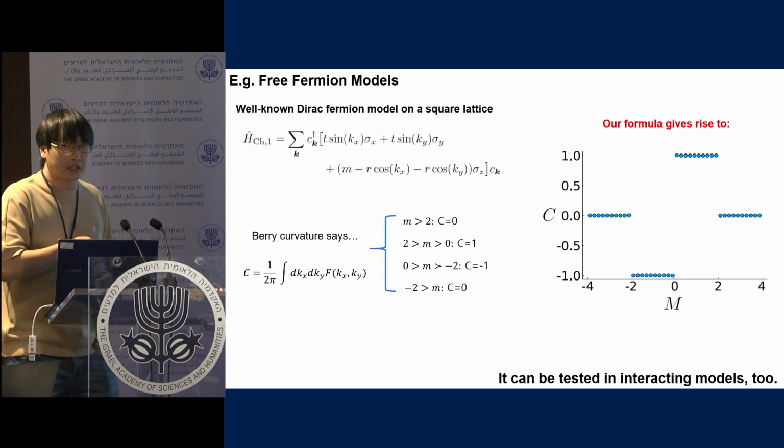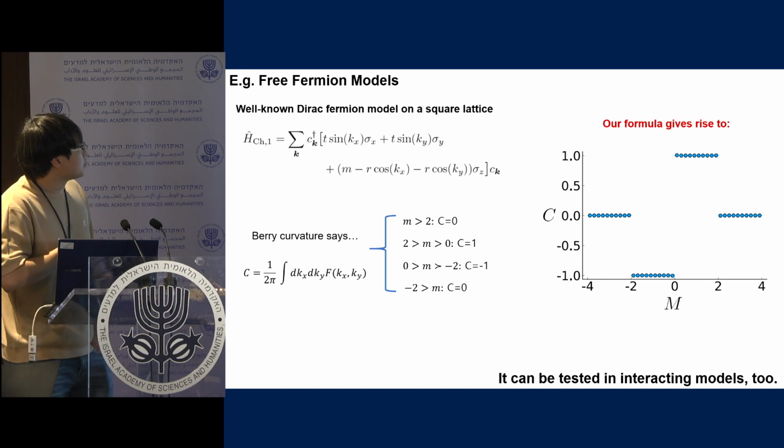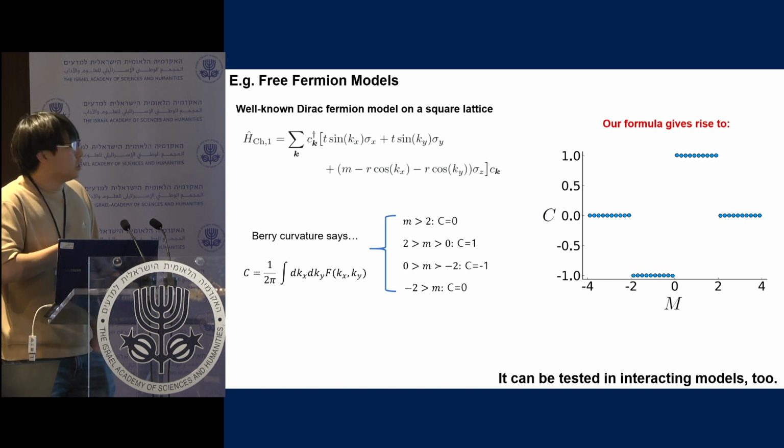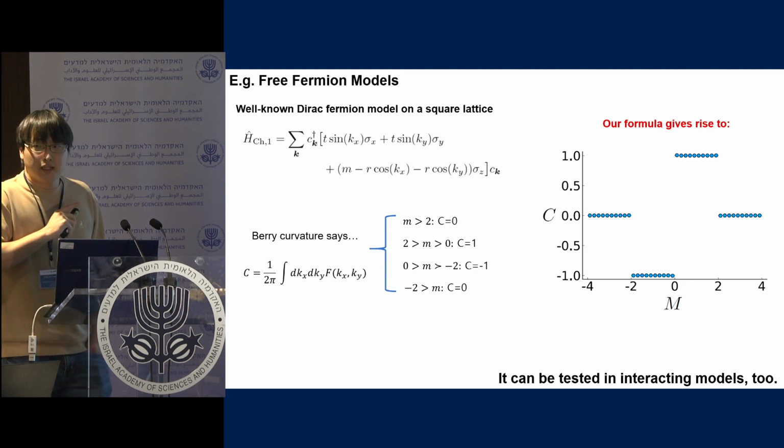So for example, I consider the simple free fermion model on the square lattice, and this model has a free parameter m. So when m is bigger than 2, then the Berry curvature formula tells you the Chern number is 0. When m is between 2 and 0, it is 1, and between 0 and minus 2, you get Chern number minus 1, and m less than minus 2, you get 0.